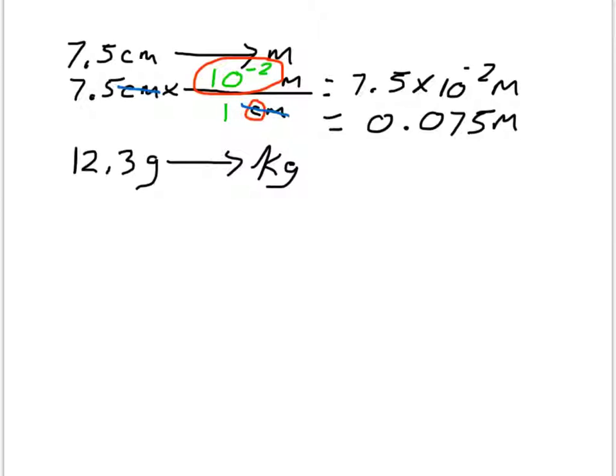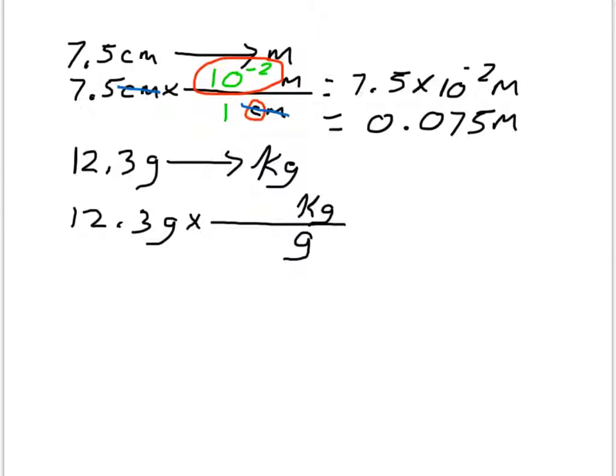Well, you start by writing down what you know. 12.3 grams, times and a line. All right, I want to go from grams to kilograms.